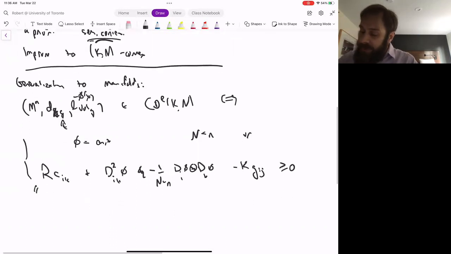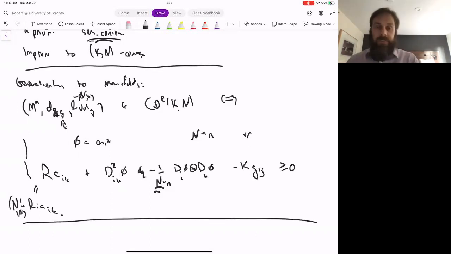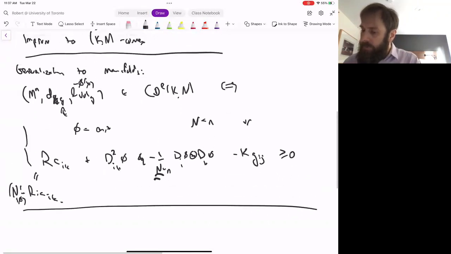And this thing here is sometimes called the N-Ricci curvature, but it obviously depends not only on the parameter N, it also depends on phi. So maybe it should be called the N-phi Ricci curvature tensor. And I've asked you on the last assignment set to derive a different generalization of this to metric measure spaces. Questions?